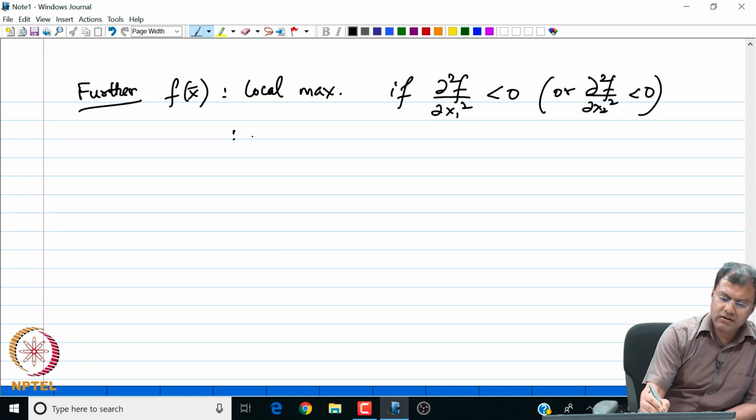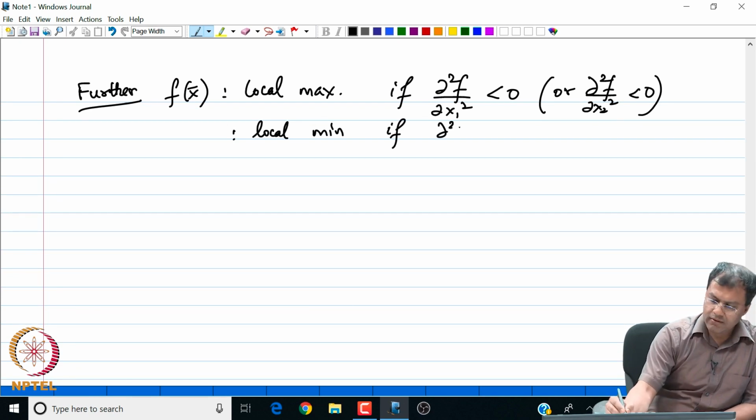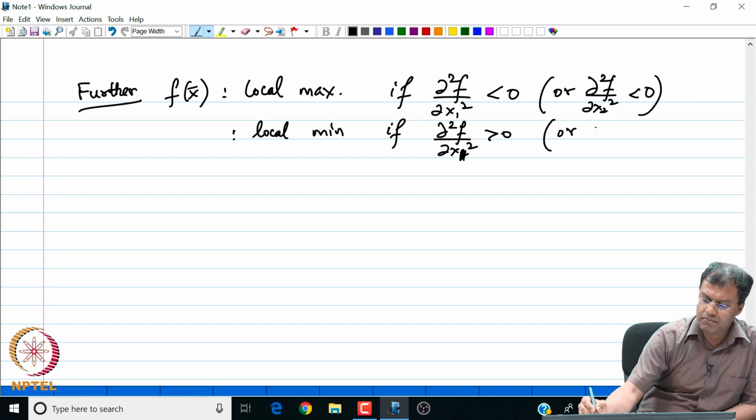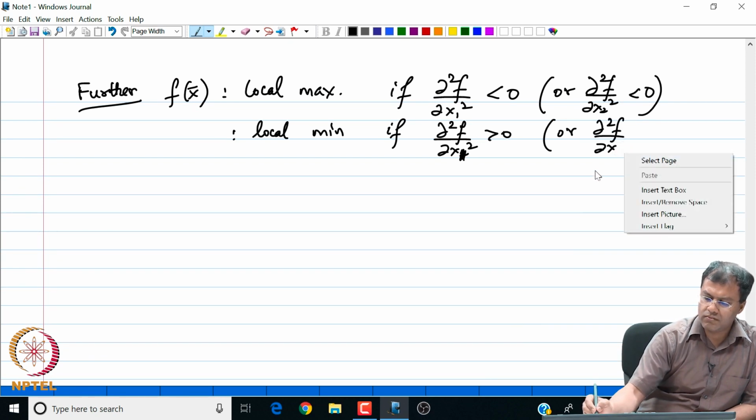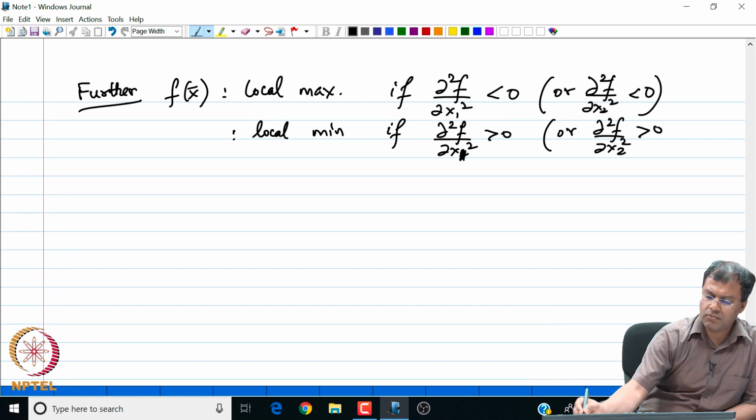And it is a local minimum if the second derivative of f with respect to x1, respectively x2, is positive. Okay.